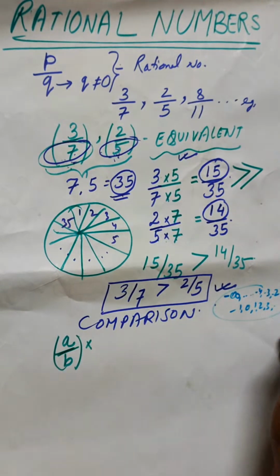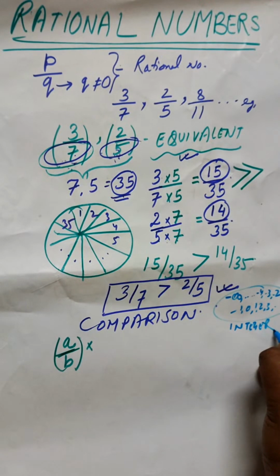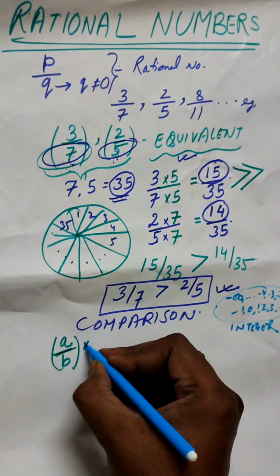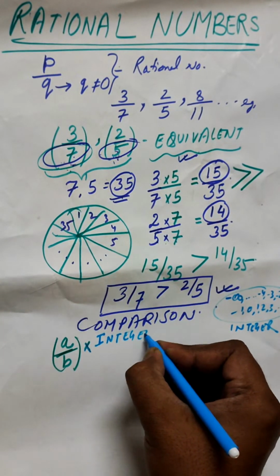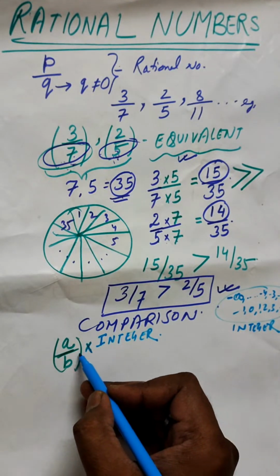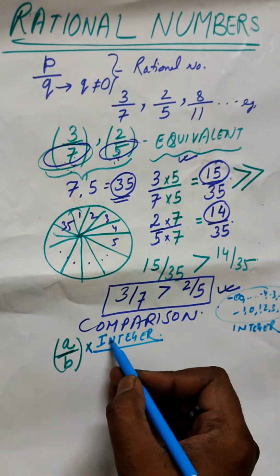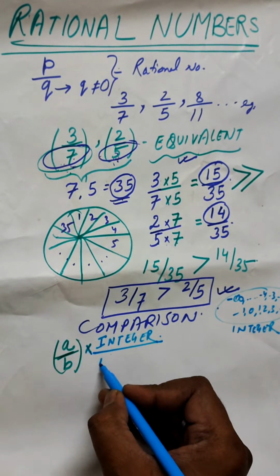All these are integers, right? So when you are multiplying the numerator with any integer, with the same integer you need to multiply the denominator also.